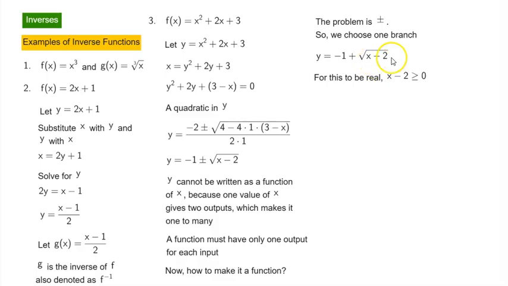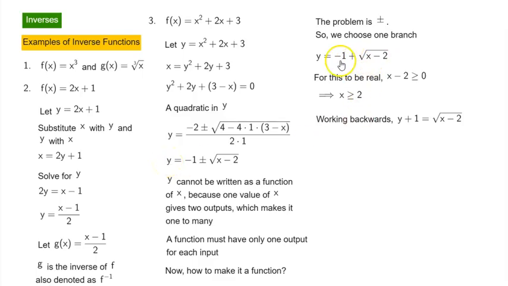Notice that here, for this to be real, x minus 2 under the square root has to be greater than or equal to 0, which means x has to be greater than or equal to 2. So working backwards, y plus 1, where is that? Yes, minus 1 we take it to the other side.